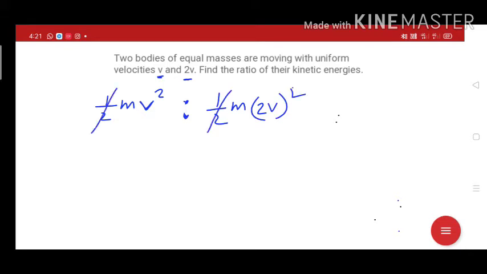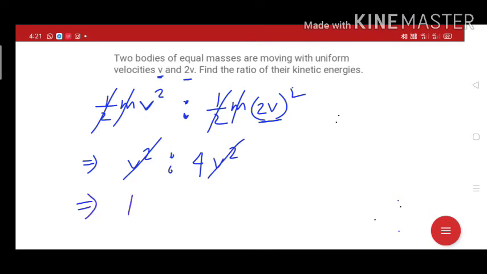Half, half cancelled, m, m cancelled, then here it is v square, and here 2 2s are 4 and v square. So v square also cancelled, and now it is 1 is to 4. So the ratio is 1 is to 4.